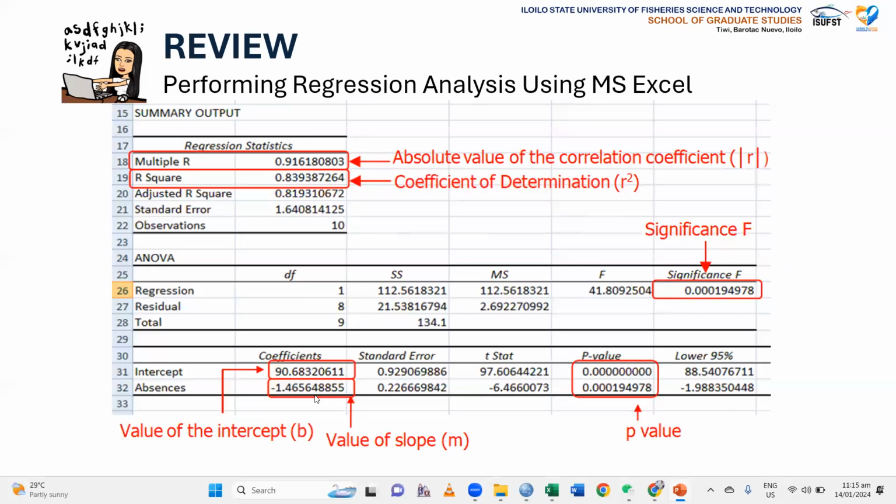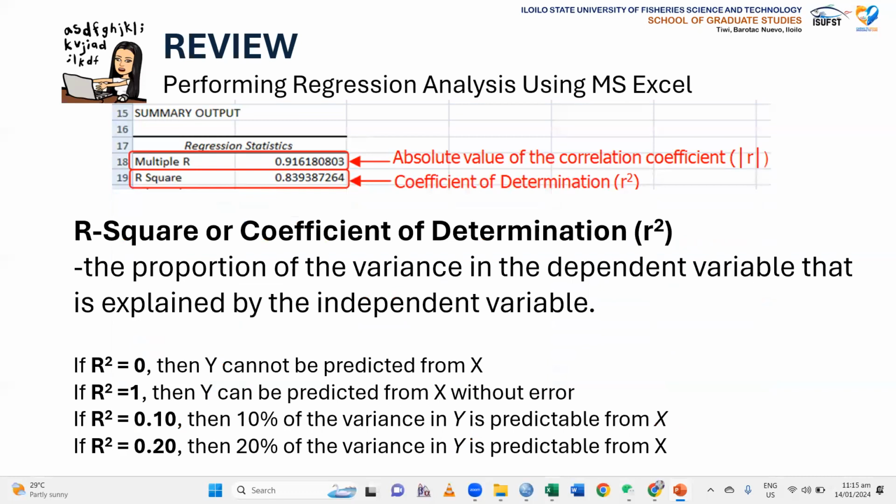Now, R square is what we call the coefficient of determination. If you have the multiple R, just multiply the multiple R by itself, or square the number, and you will get R squared. It is the proportion of the variance in the dependent variable that is explained by the independent variable.